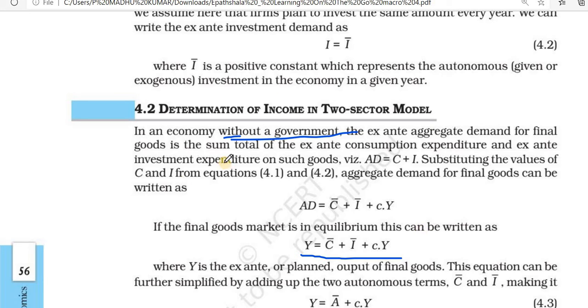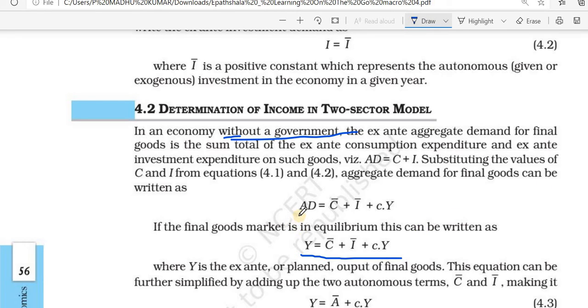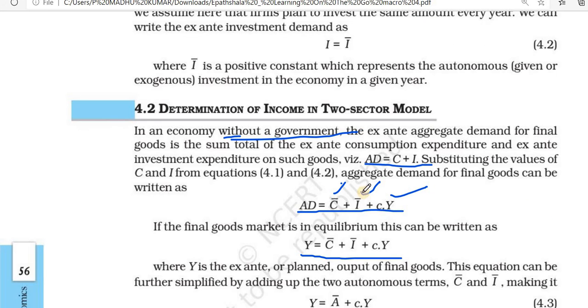When we substitute the values, we get aggregate demand equal to autonomous consumption plus autonomous investment plus induced consumption.